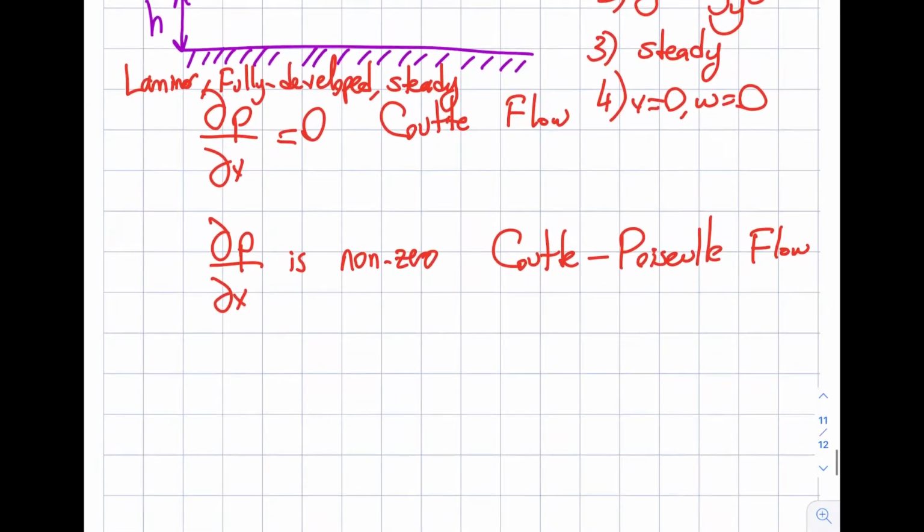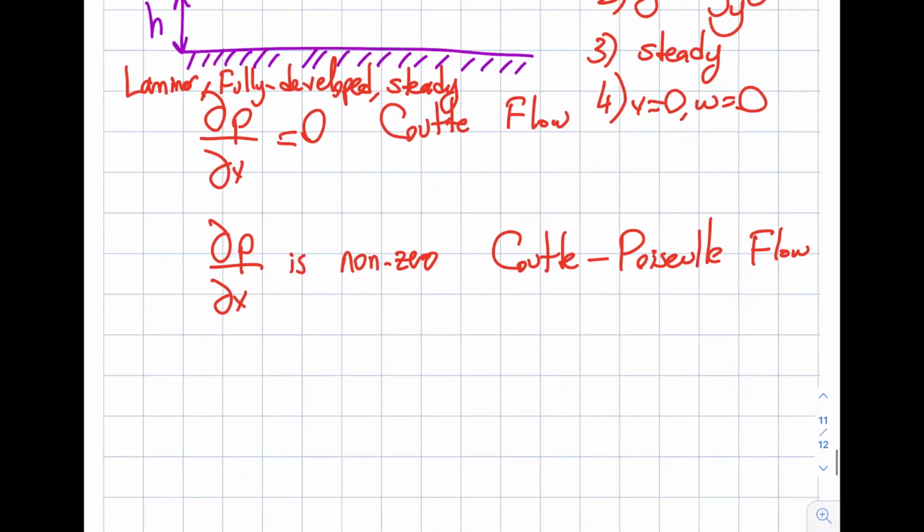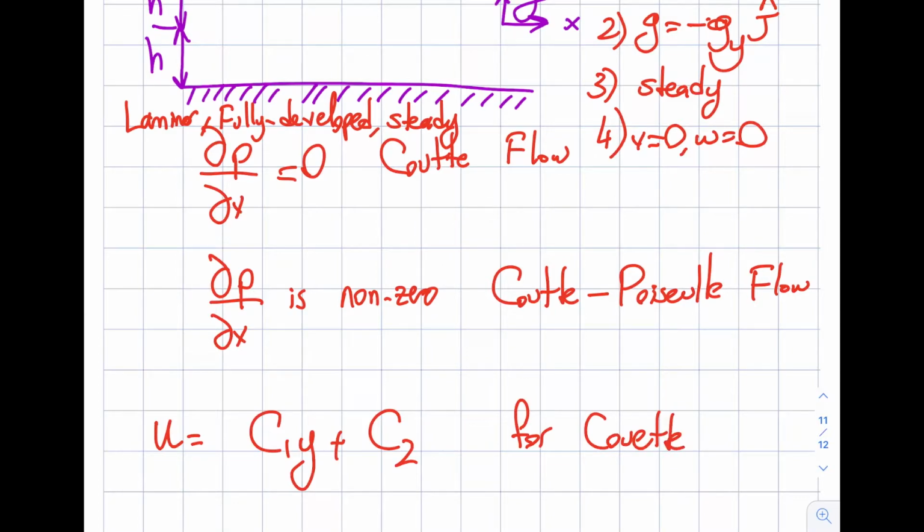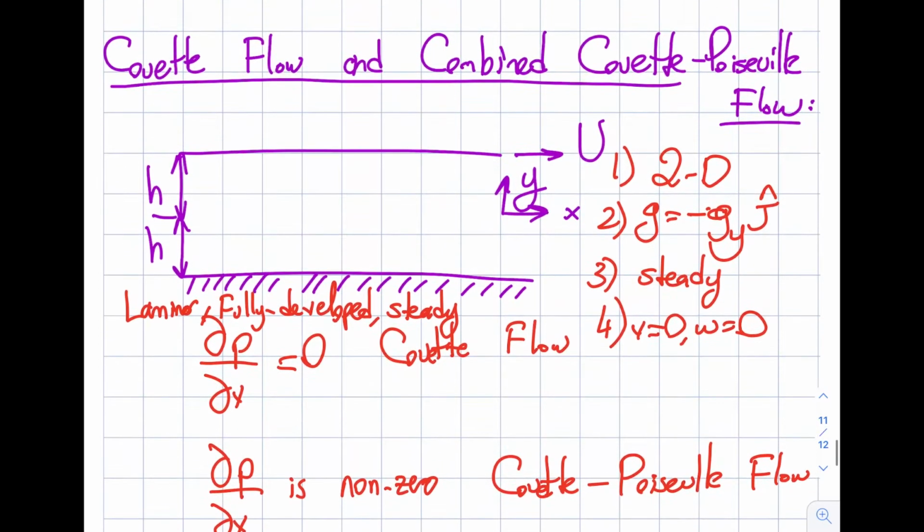All right, so as I said, let's write over here that u is equal to c1 y plus c2 for Couette flow. I actually forgot to write the e's, did you? I'm sure you catch me doing that, but you can see Couette has an e. I'm sorry about that.